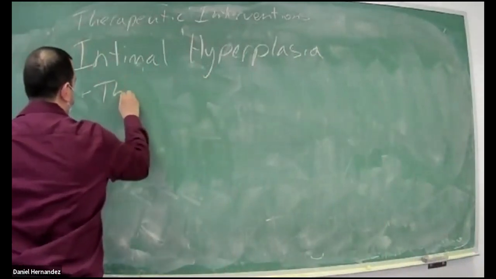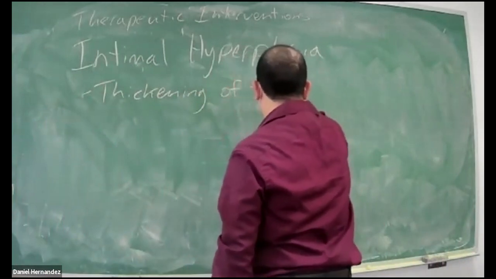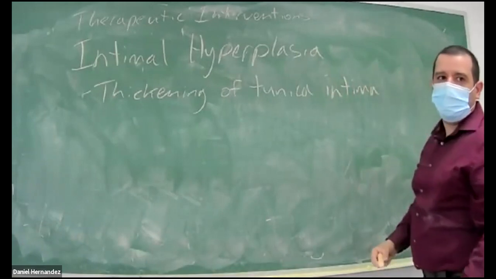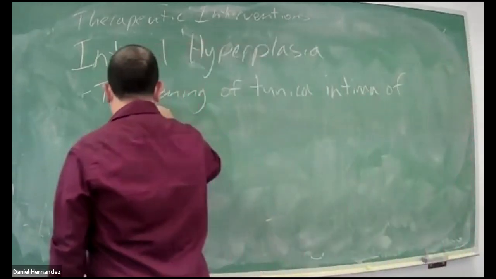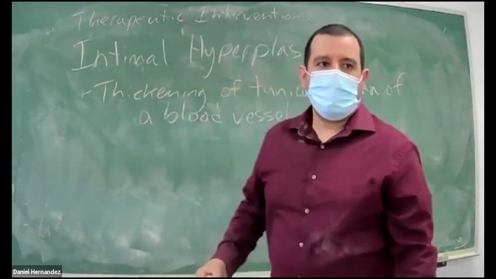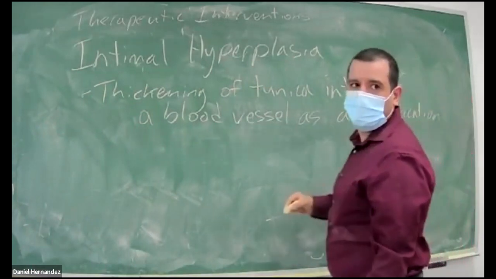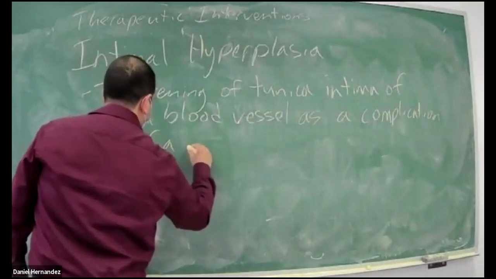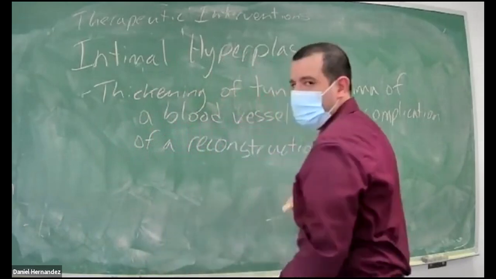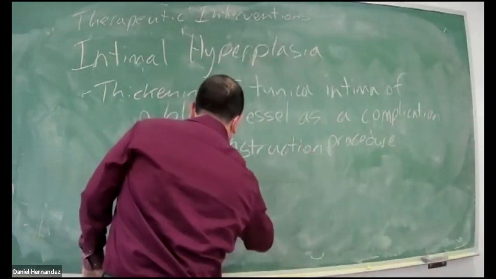So, thickening, that inner layer, the tunica intima of a blood vessel, as a complication of a reconstruction procedure or endarterectomy.